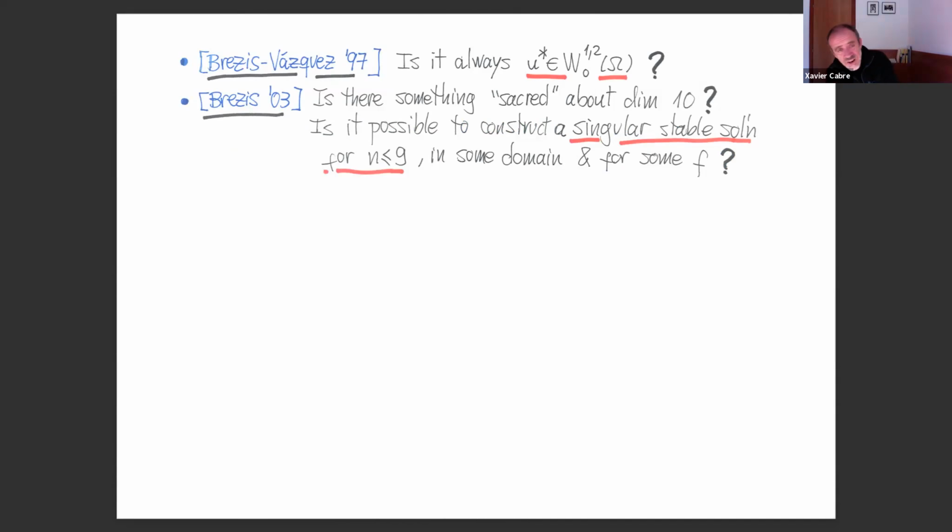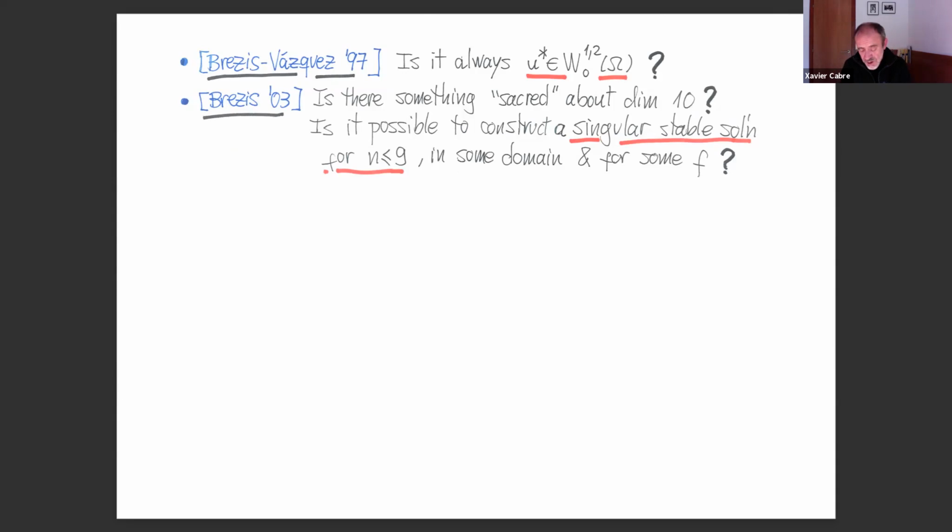Okay, 75. So 20 years later, the problem was retaken quite actively within the group of Brezis, because of some results of Brezis and collaborators about the parabolic problem, the parabolic Gelfand problem.